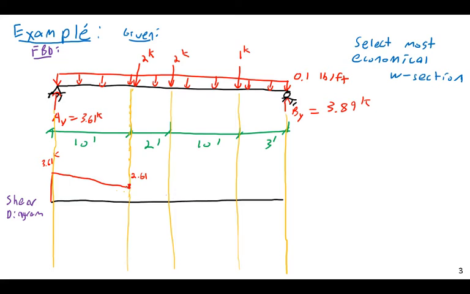Then we drop down to 0.61. Then we decline down again to 0.41. Then we drop down to negative 1.59.